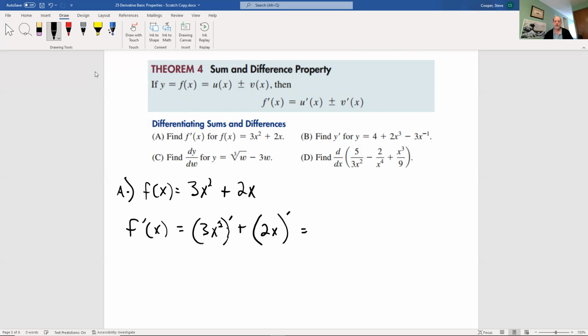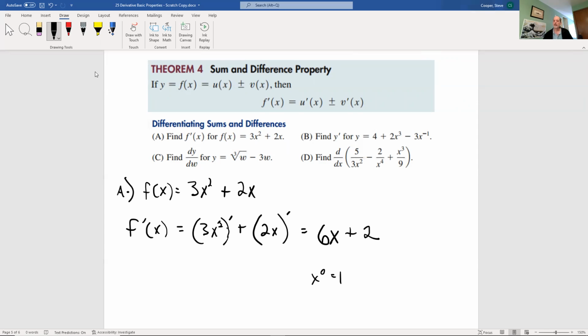Okay, so this term, I just take 2 times 3, so 6x to the 2 minus 1. And then this is a 1, right? If I don't put anything up here, it's like x to the first. So I'm going to take the 1 out here times 2. And then this would become x to the 1 minus 1, which is 0. And x to the 0 equals 1.